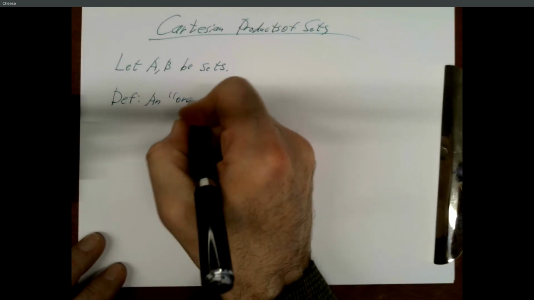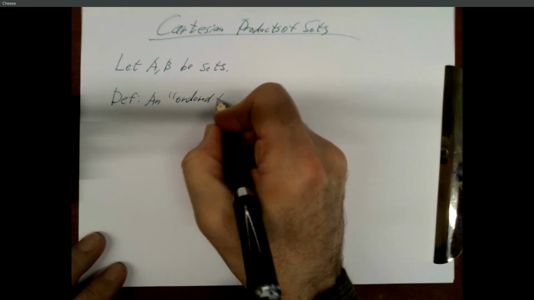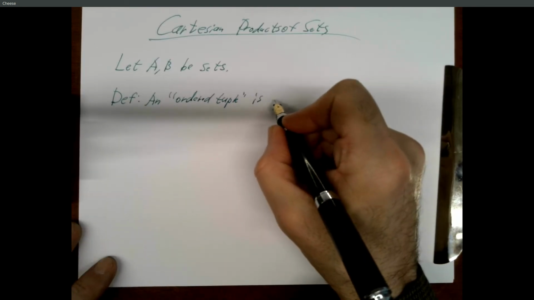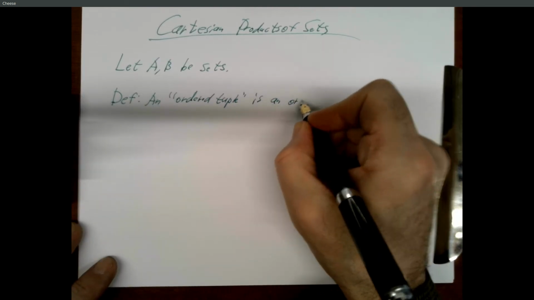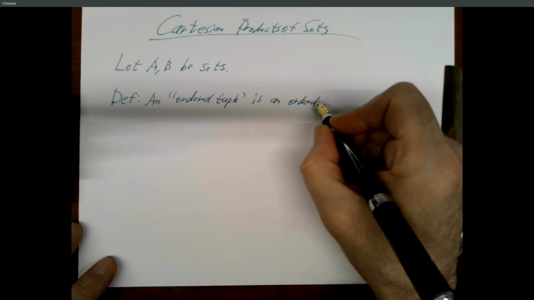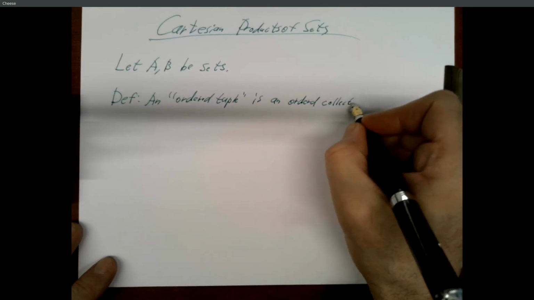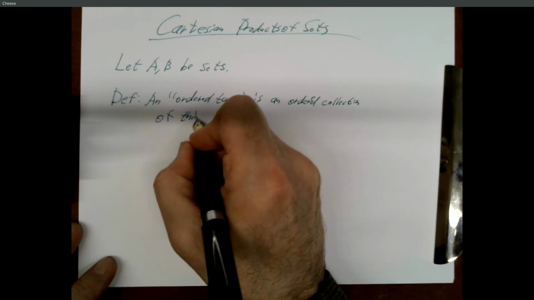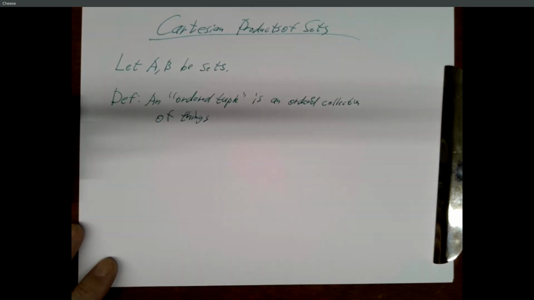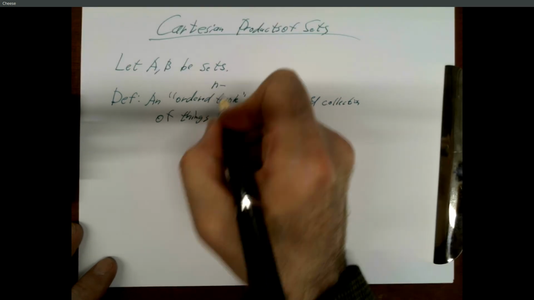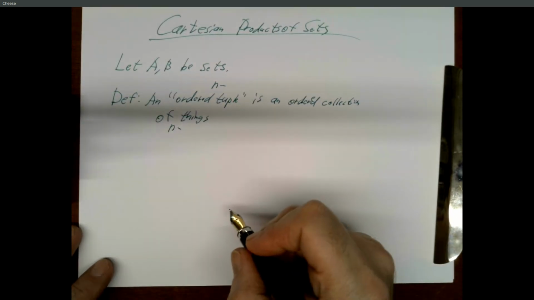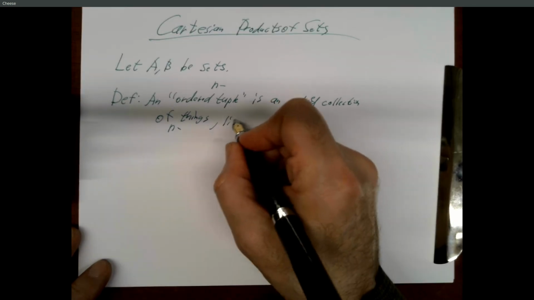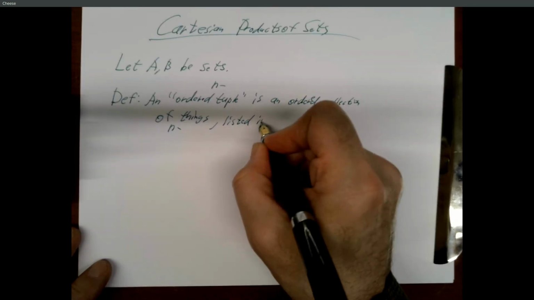An ordered tuple is an ordered collection of things. So an ordered n-tuple is an ordered collection of n things, listed in parentheses.